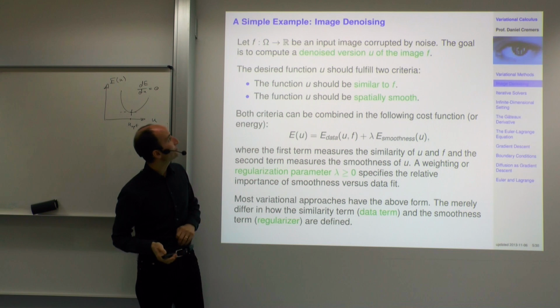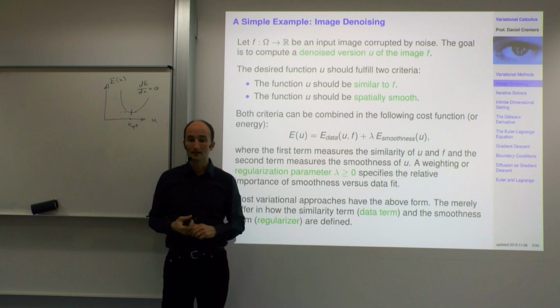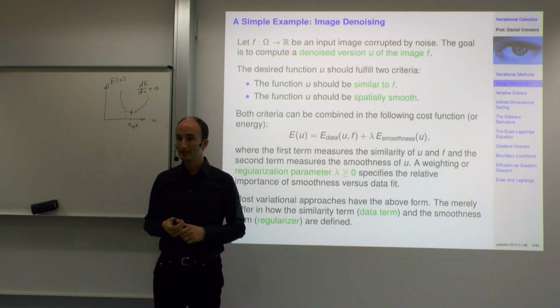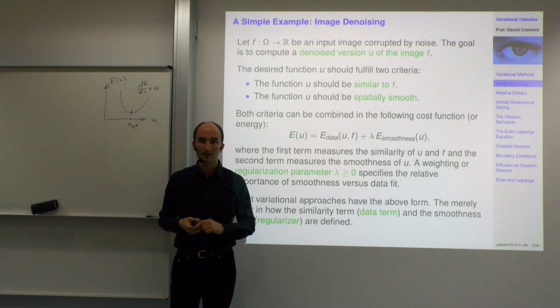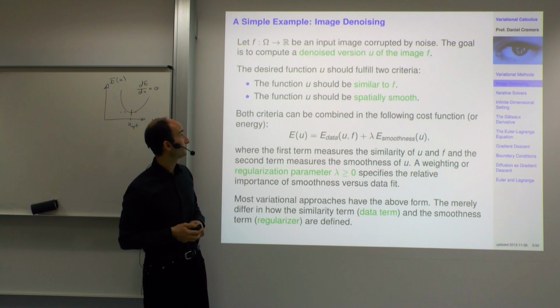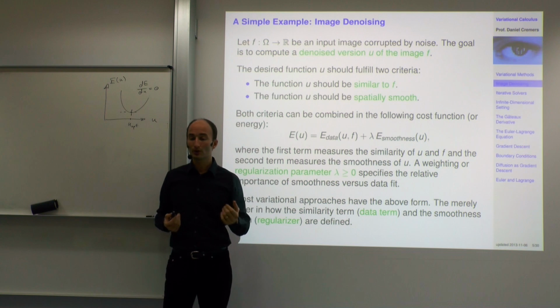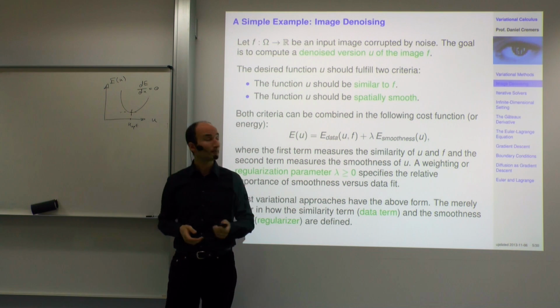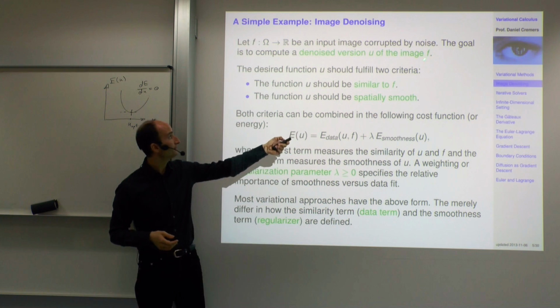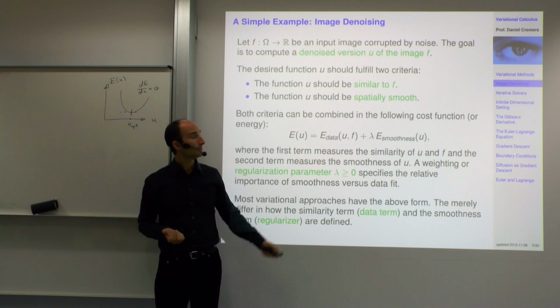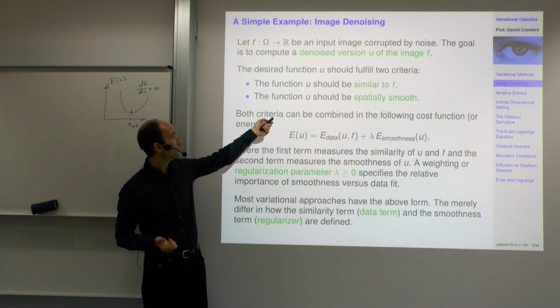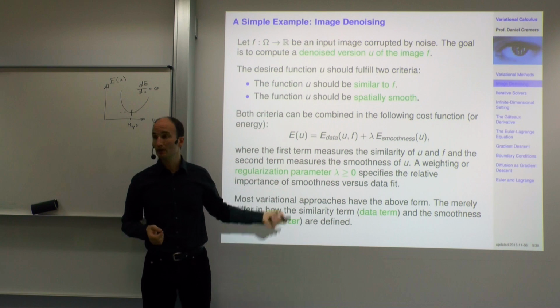We'll see an example right now, and this example is one of the simplest examples in image analysis, the problem of image denoising. Denoising means we want to approximate some input image, so let's call that image f. And approximate means that the function u that we compute should be similar to f.